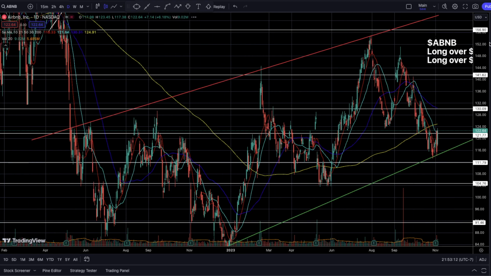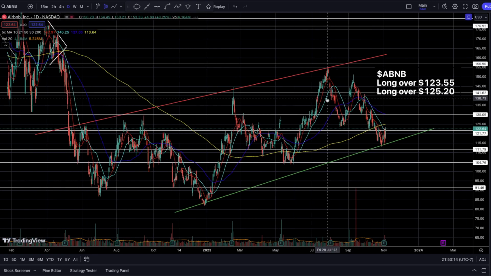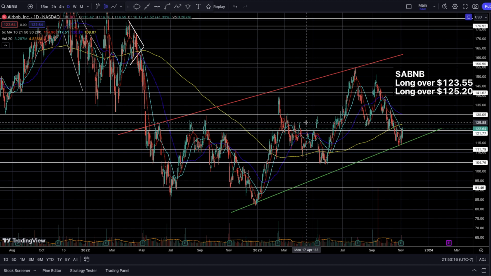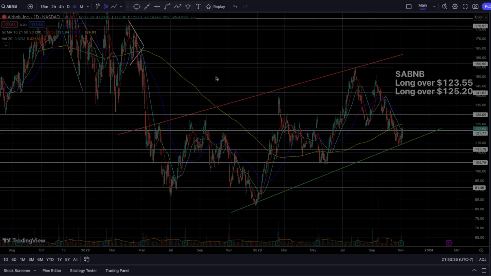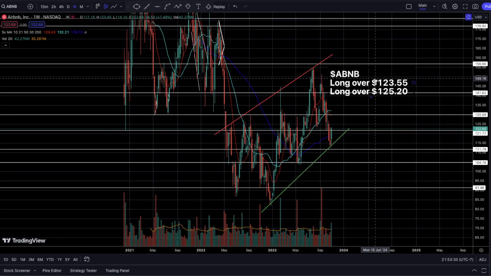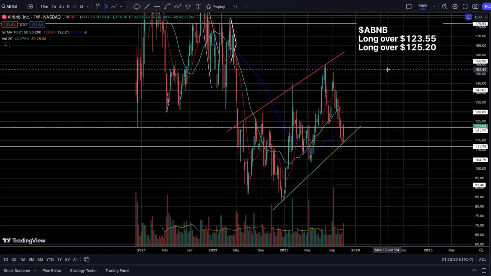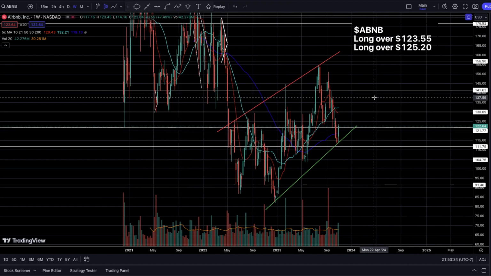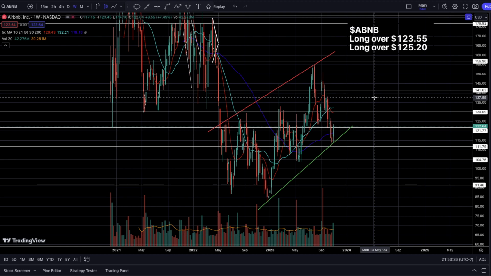And again, on the daily time frame, I've mentioned this a couple months ago, but as a refresher, Airbnb has been making this large macro ascending channel. Now, obviously, this is not good, right? An ascending channel is never good. It's an inherently bearish chart pattern. So, for Airbnb, it's not looking too good on the weekly time frame as well, or even just on the monthly.